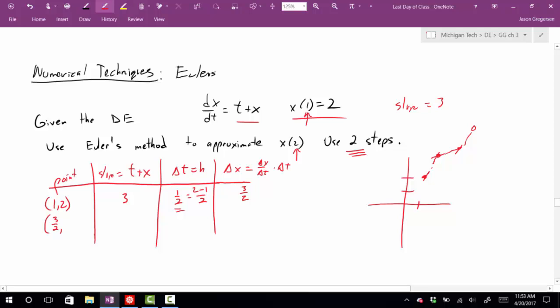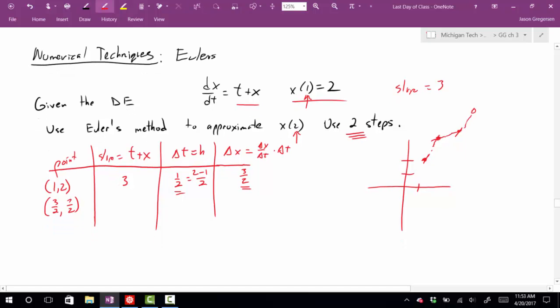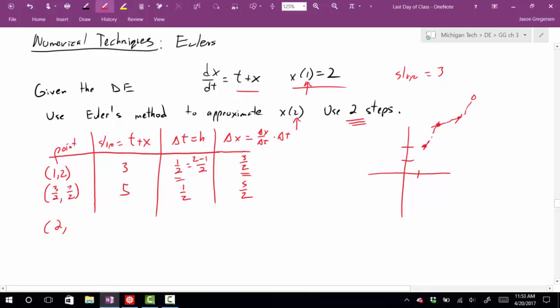If my last x value was 2 and I changed it by 3/2, my next one should be 3.5, right? Or 7/2. And then we repeat the process. Here I will have 10/2 or 5. This stays the same. This goes to 5/2. This goes to 2 and 12/2, which is 6. So x of 2 is approximately 6.